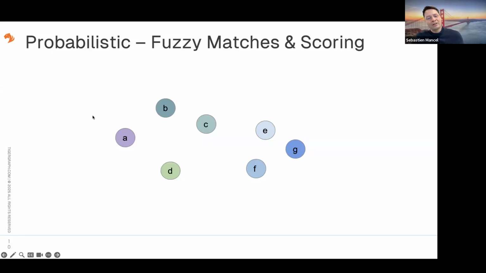Probabilistic methods analyze similarities across attributes like names, email, phone numbers, addresses, and even behavioral signals. Individually, these weak signals don't prove anything. But when you combine them, patterns start to emerge. And those patterns form clusters, groups of records that are likely to represent the same real-world individual.